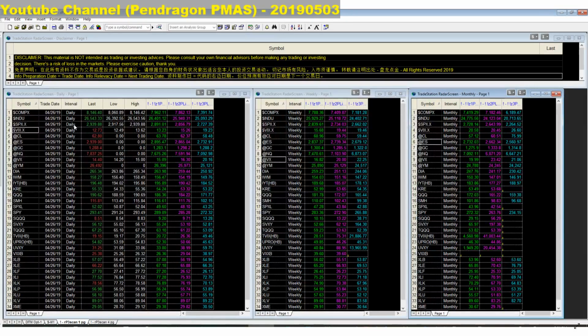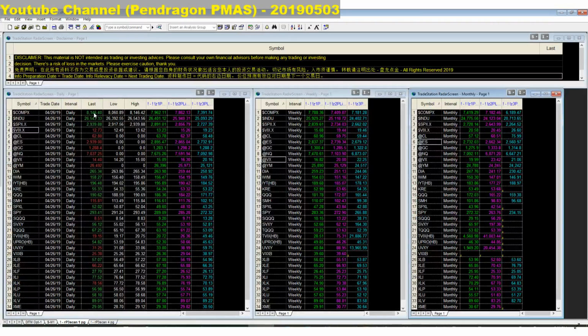Interval gives you a way to know what we're talking about. So all the price here is a daily chart, and the middle one's weekly, and all the way on the right, that's the monthly chart. That's the last transacted price for this instrument. On my trading platform, $COMPX is actually a NASDAQ cash index.